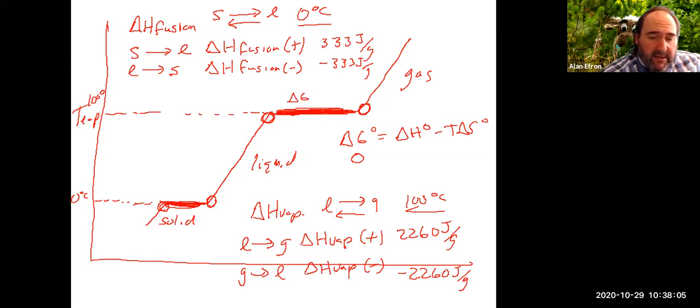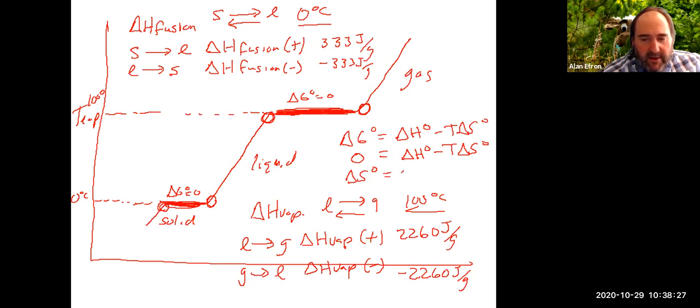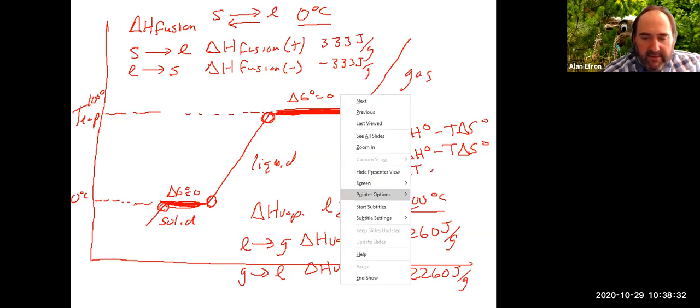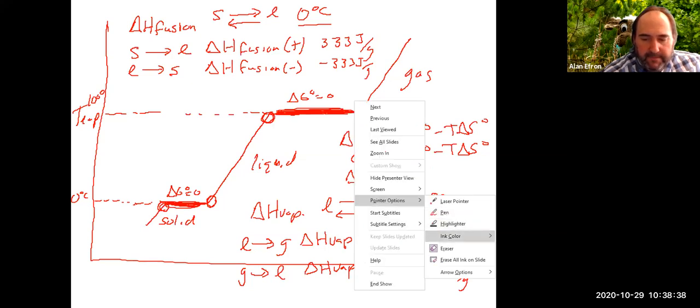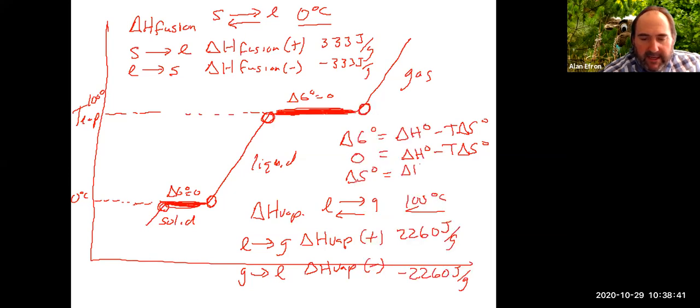Delta G naught will equal 0 at these transitions, because they're in equilibrium, which gives us delta H minus T delta S equals 0. If we rearrange this and solve for delta S naught, or the entropy, we get delta H divided by T in this particular case.